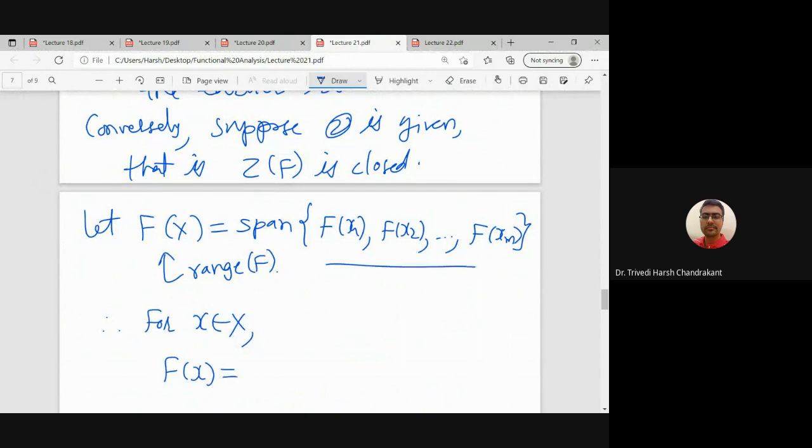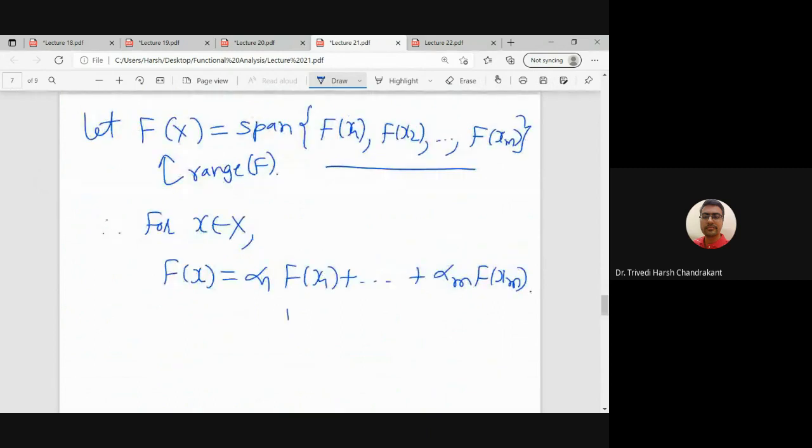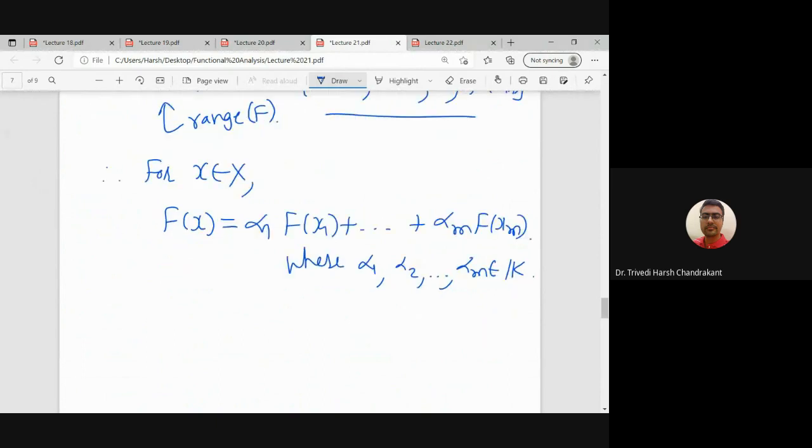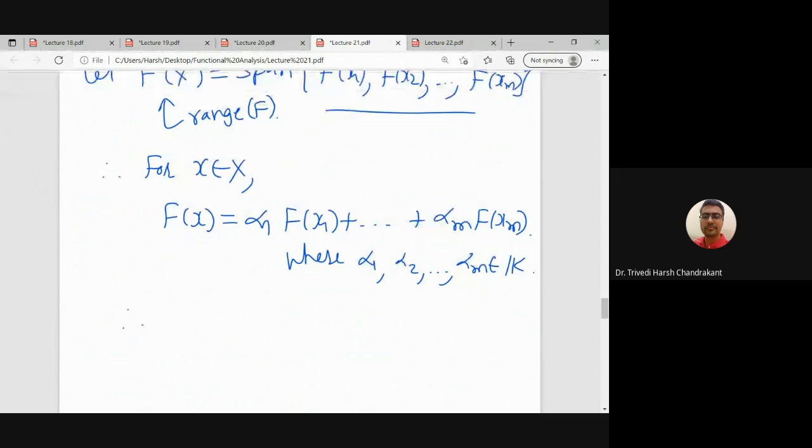So that means basically it is alpha 1 f(x1) + ... + alpha m f(xm), right? And what are alpha 1, alpha 2, ..., alpha m? They are scalars. Now since f is linear, we can take these scalars inside.